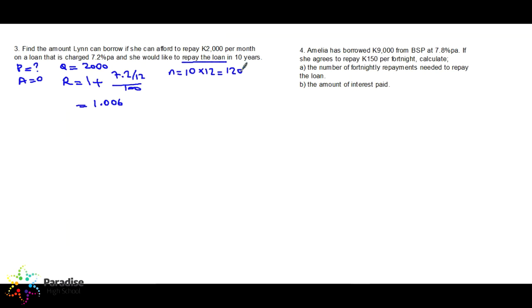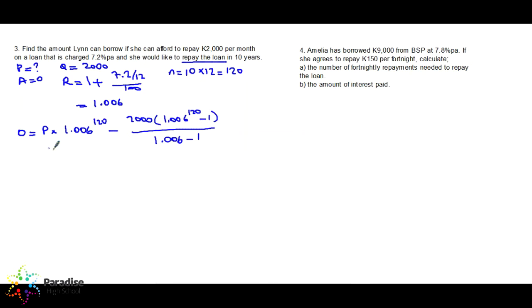So there are altogether 120 repayments. So we substitute all these values and find what P is. A is equal to 0. 0 is equal to P times, this is the question, R to the power of N minus Q times R to the power of N minus 1 divided by R minus 1.